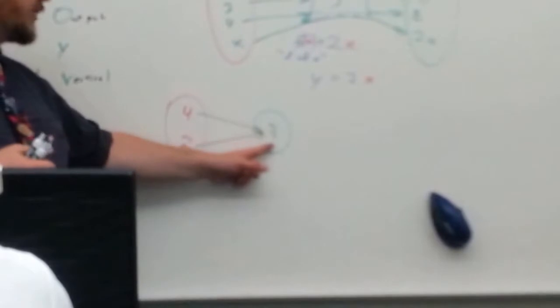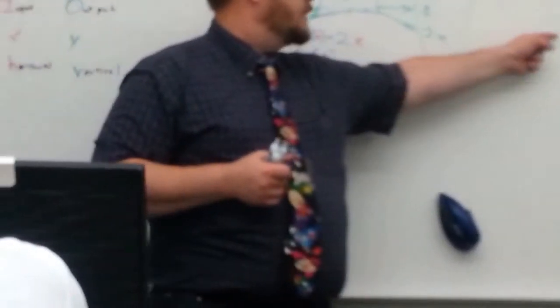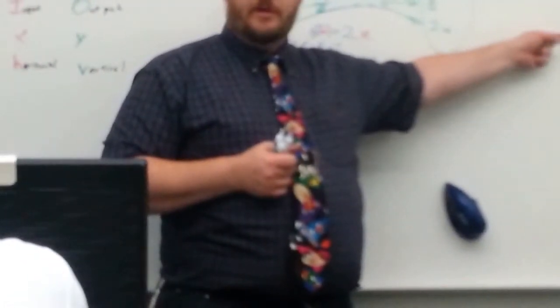What this is saying is, left, right, domain, range, input, output: for this example here, if I plug in a 4, I get a 3. If I plug in a 2, I get a 3. For this criteria here, does this represent a function?